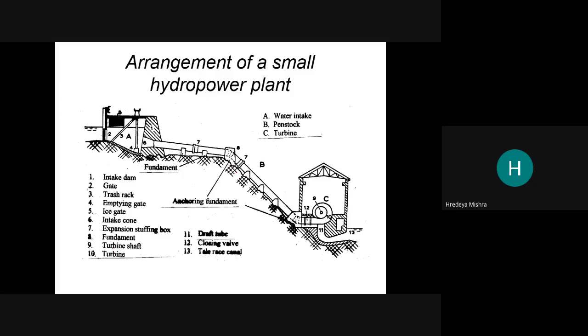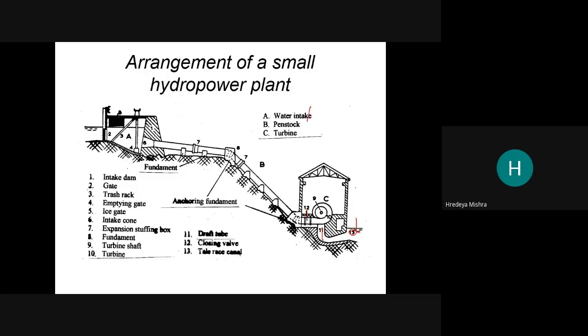Now number 9 is the turbine shaft. See here, the turbine shaft is there. Number 10 is the turbine. 11 is the draft tube. 12 is the closing valve, with which we can stop the supply of water. 13 is the tail race.